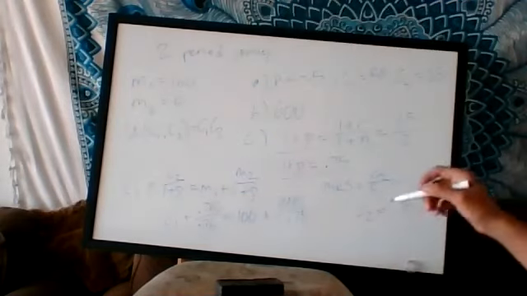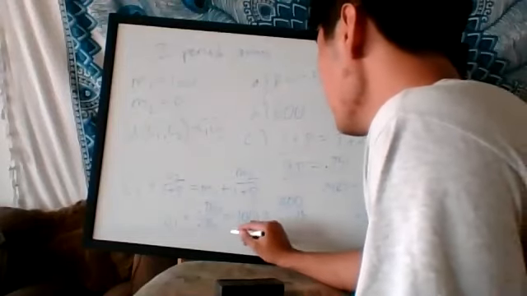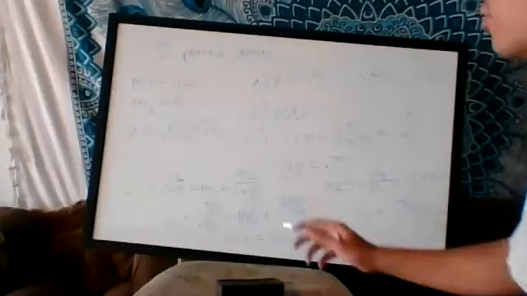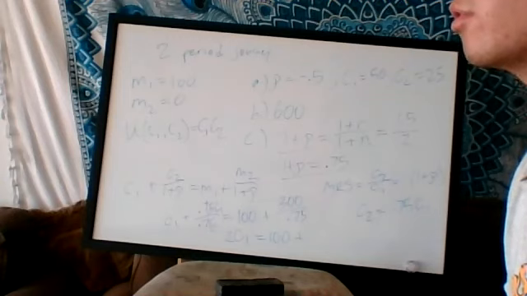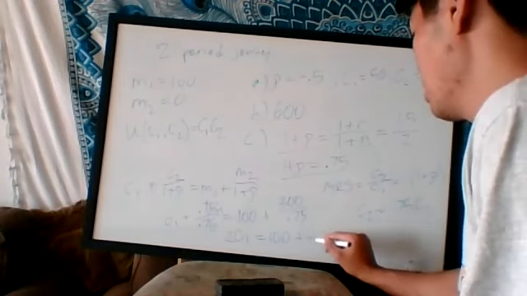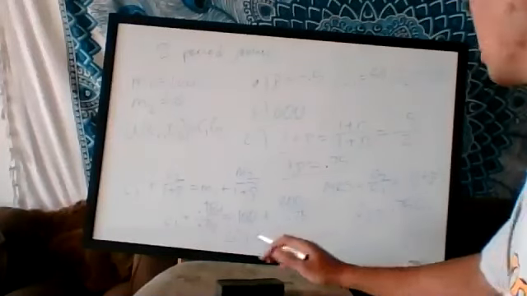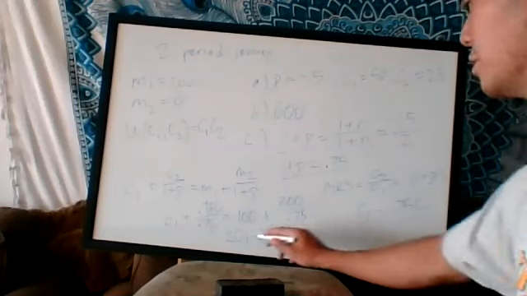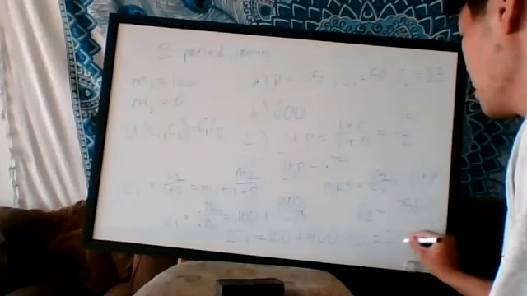C1, this is going to cancel. And so now I have 2 C1 is equal to 100 plus, so 300 divided by 3/4, 300 times 4 is equal to 400. So we get that 2 C1, and I'm running out of space here, but 2 C1 is equal to 500, which means that C1 is equal to 250.